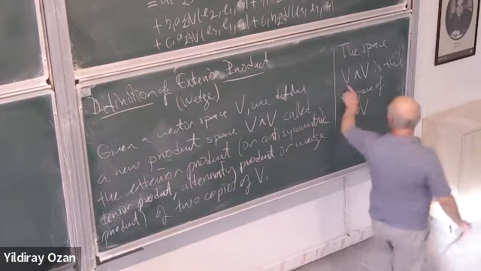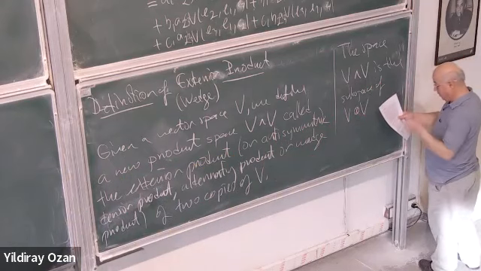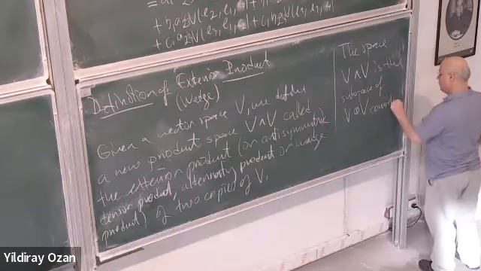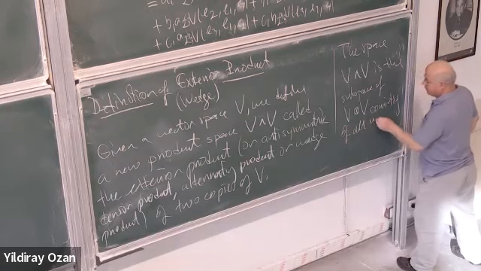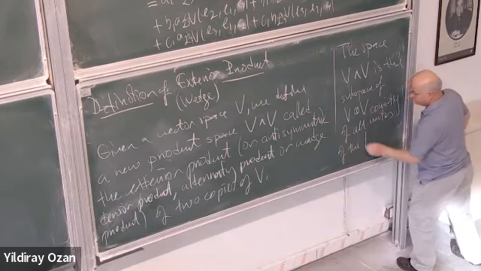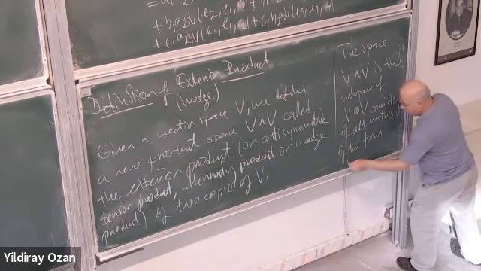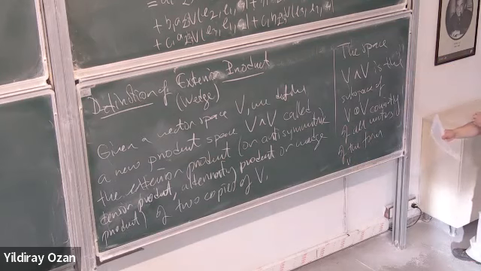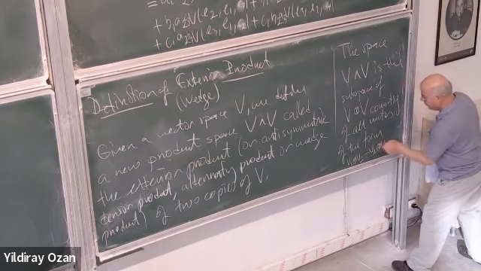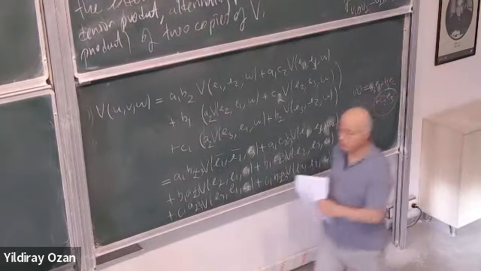That's why this is the subspace of V tensor V spanned by, or consisting of, all vectors of the form V1 tensor V2 minus V2 tensor V1 and linear sums.